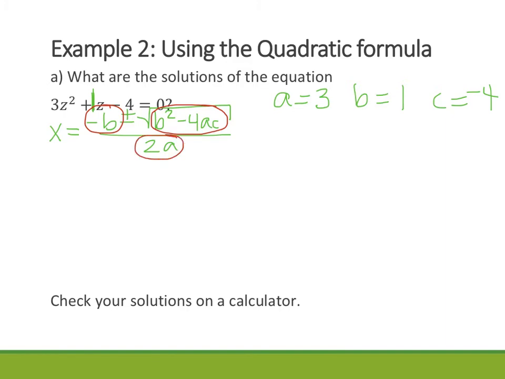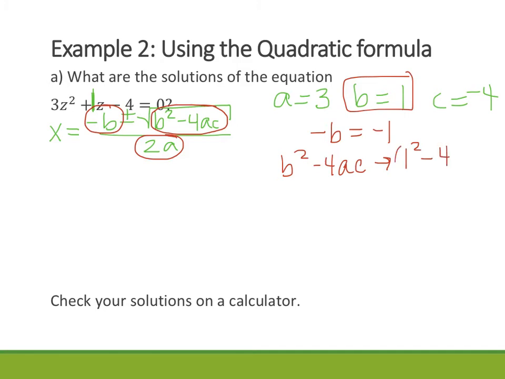So let's write down what each of those parts would be. So negative b is going to be equal to negative 1. I just take the b term and make it negative. B squared minus 4ac is going to be 1 squared minus 4 times 3 times negative 4.